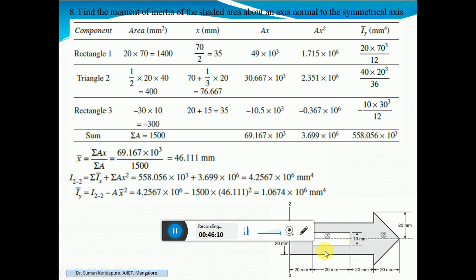Another one is the smaller rectangle, which is the cut off portion, and I will have to subtract it from the entire ensemble. So this is 20, 20 plus 20 is 40, 40 plus 20 is. When you go to find the rectangle area, this whole thing is 20 into 70, which is equal to 1400.